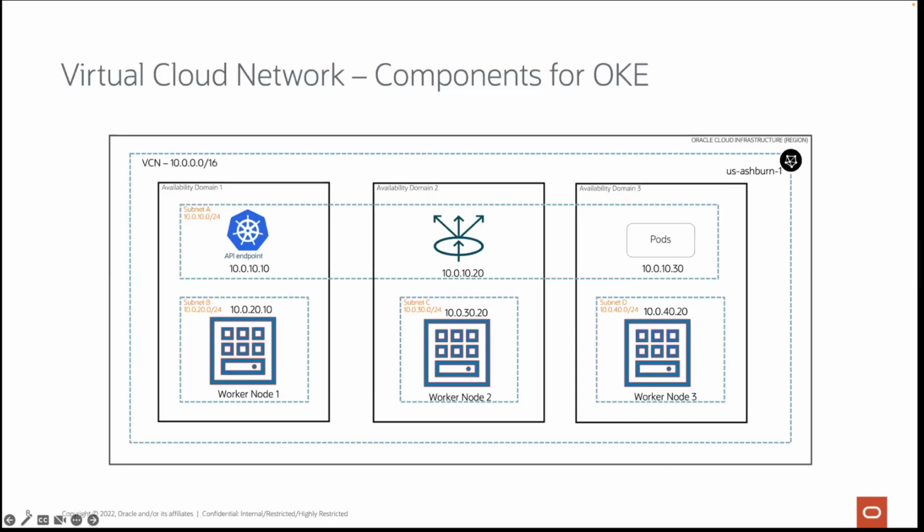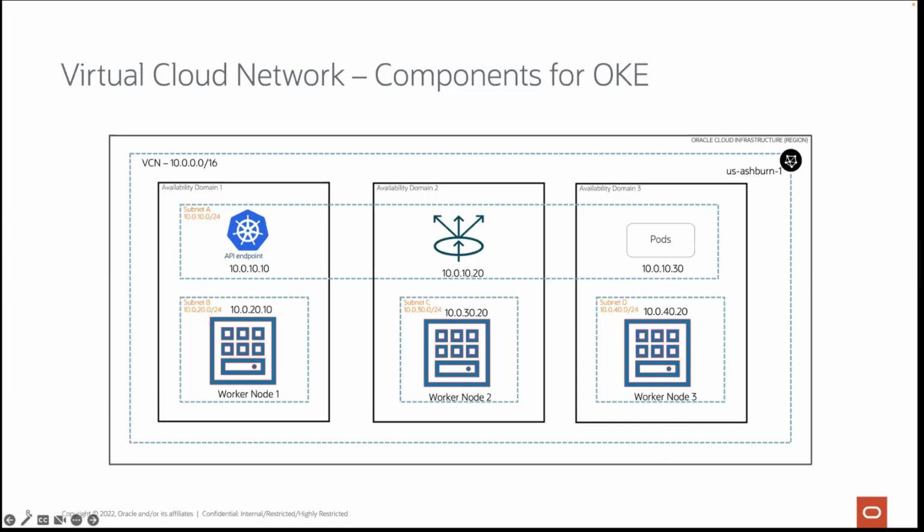This is one of the best ways to make sure that you are achieving high availability. Also, as you can see, there is an API endpoint, a load balancer, and pods on top of it. This is how a typical deployment of Oracle Kubernetes resources is done.